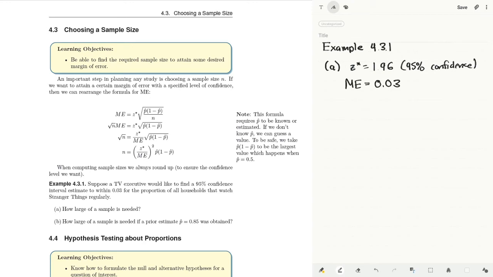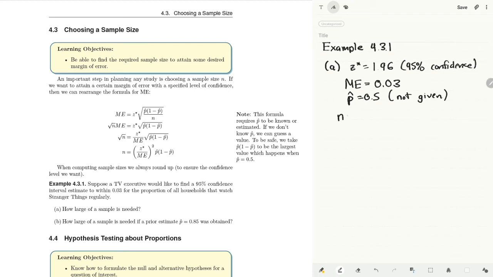And since we're not given p hat, we should choose p hat to be 0.5. And choosing 0.5 for p hat will give us a conservative estimate, meaning that it will likely overestimate how large of a sample that we need.